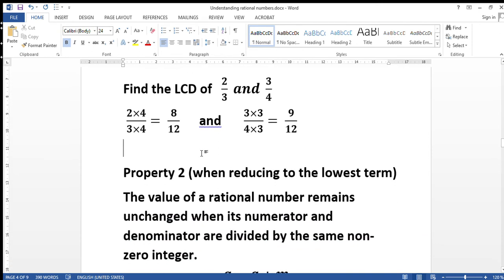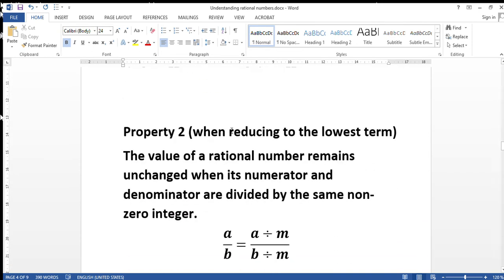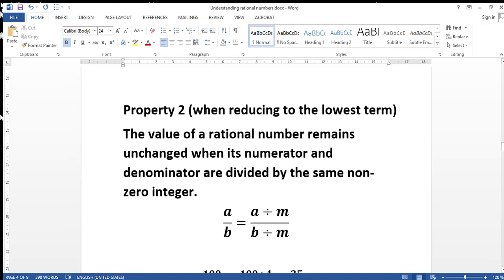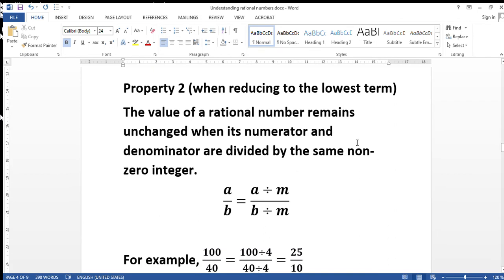Okay, so next property, property 2, I call this one reducing to the lowest term. If you have a number or a fraction and you need to reduce it to the lowest term, this is the right possible solution.